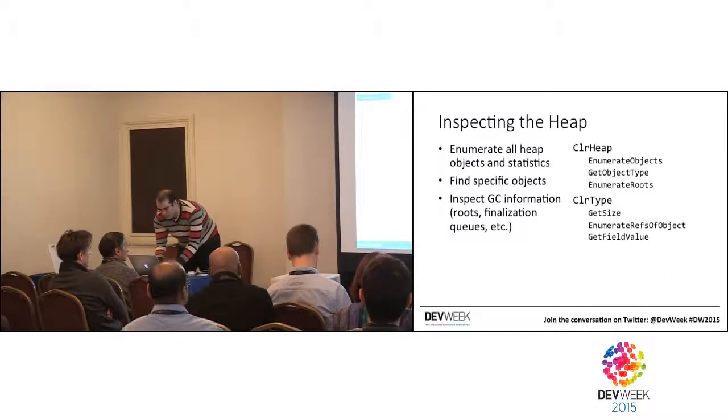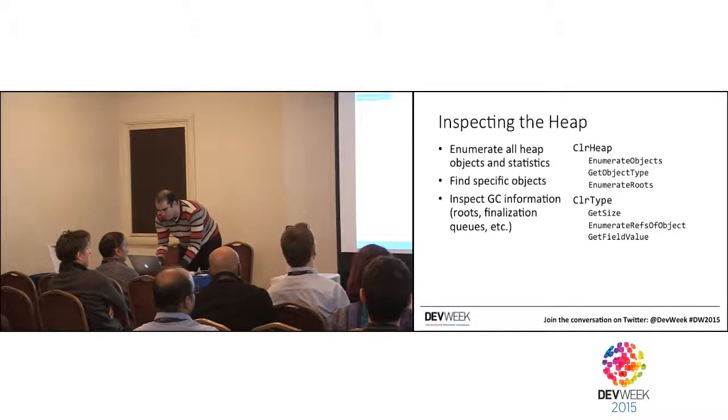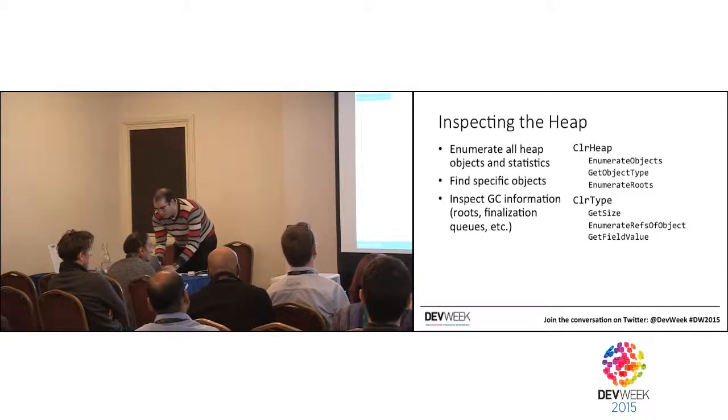Type size, and then again I'm going to enumerate all the objects in the heap, and then I'm going to ask each one what its type is, and then if that type is null or the type name is null, I'm just going to skip those.